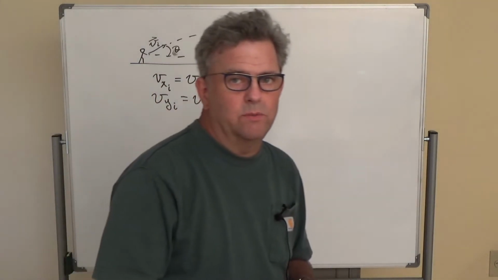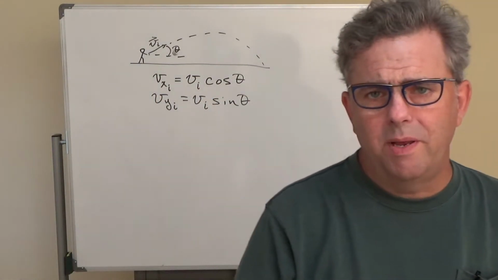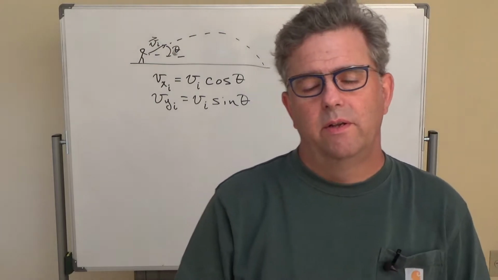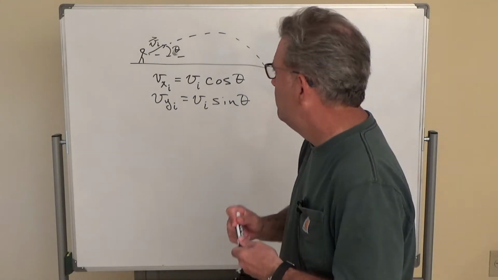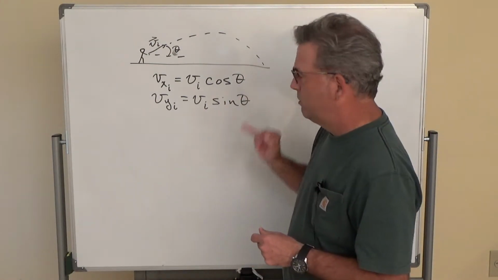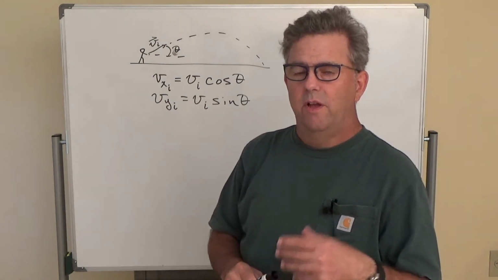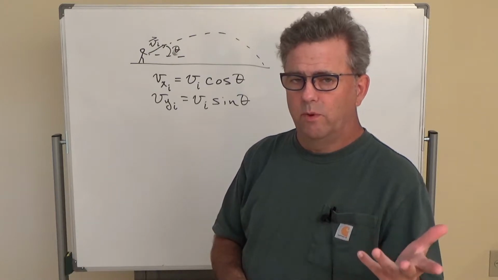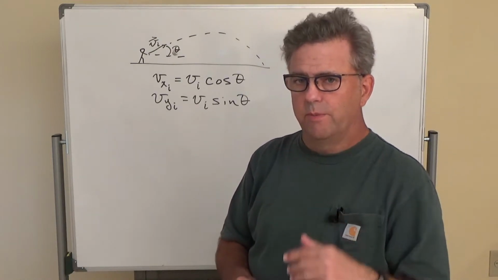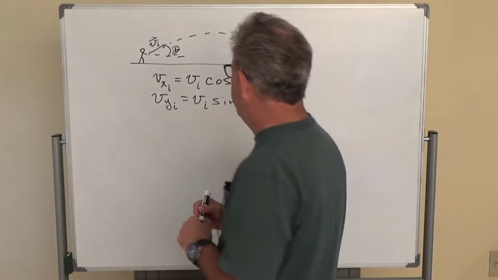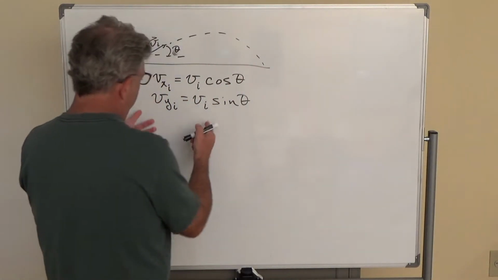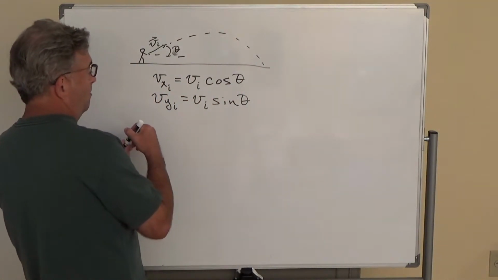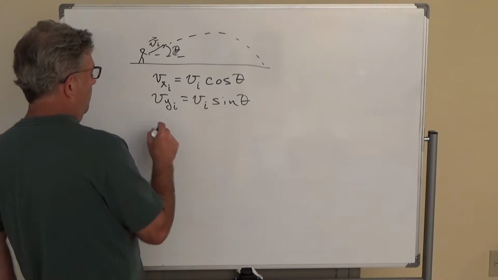That's not always true. Depending on how theta is defined, you could have these being interchanged. You have to pay attention to where the angle is being measured from. But this is the most common case, okay?